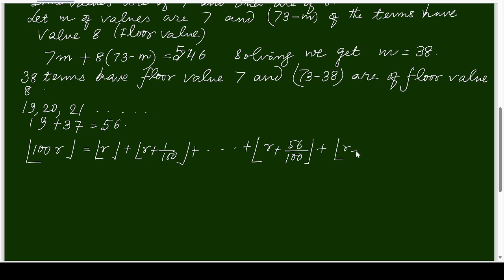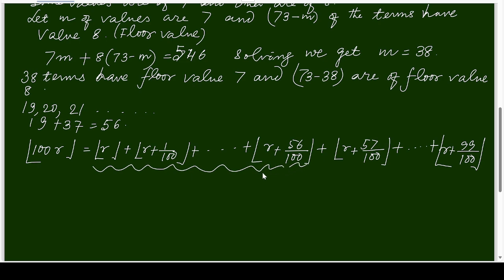And the next terms, 57 by 100 up to r plus 99 by 100, have floor value 8. So 7 into 57, and the rest are 43 terms, 43 multiplied by 8.